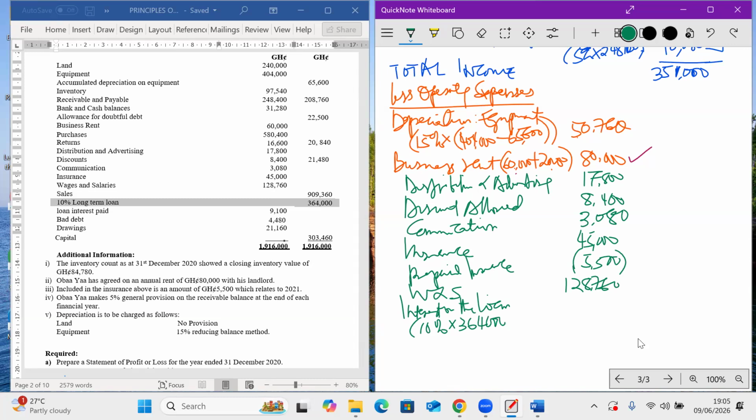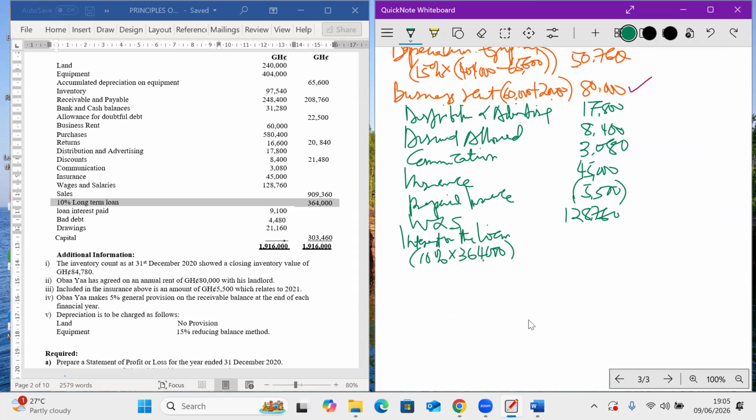Whenever you go for a loan, they will say it is per annum, meaning every year we have to compute interest. When you compute, we have 36,400.